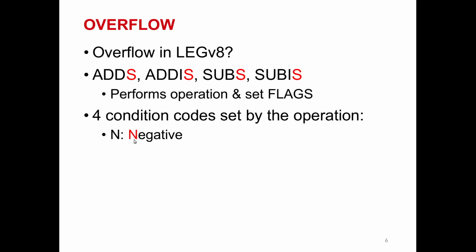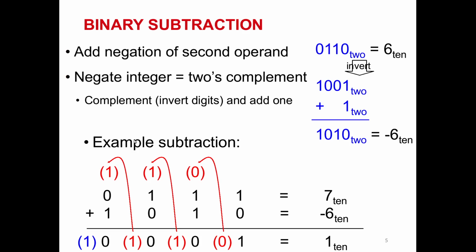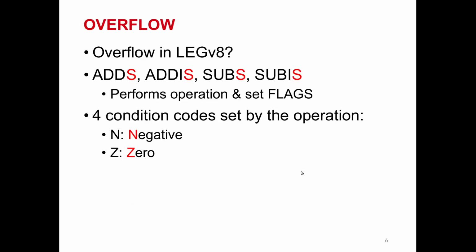Negative is set if the most significant bit equals 1, which implies that the value is negative. Another is set if the result is 0, another if the result overflows, and the one we care about now is set if a carry occurs.